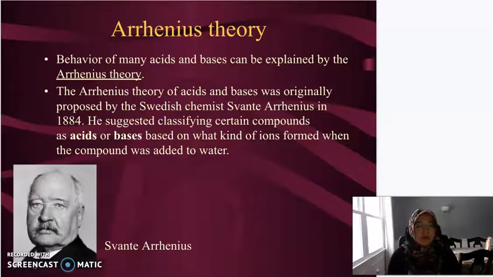So let's talk about Arrhenius theory. This is Svante Arrhenius. He is a famous physicist and chemist actually. He developed physical chemistry, and he is the third Nobel winner in chemistry because of his work on acids and bases. He described the behavior of acids and bases.